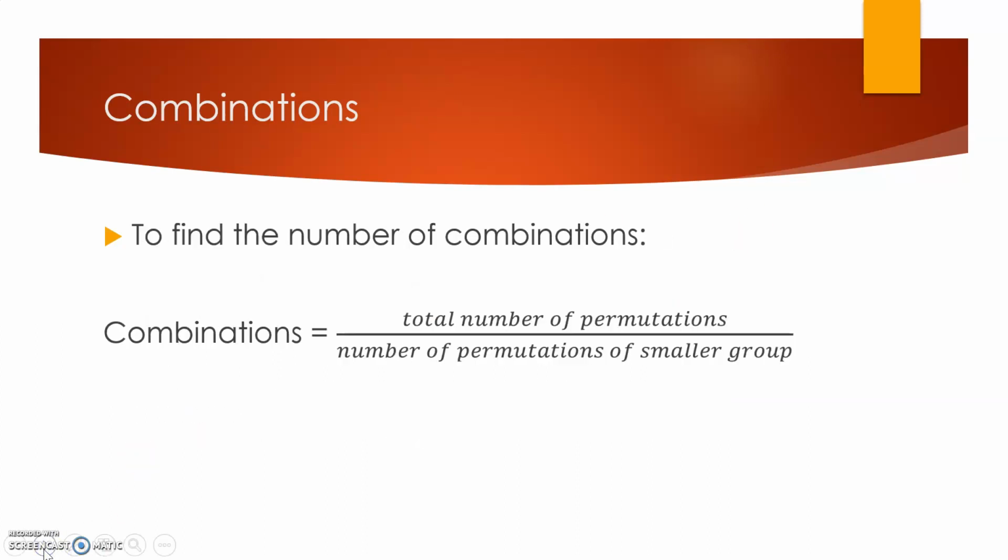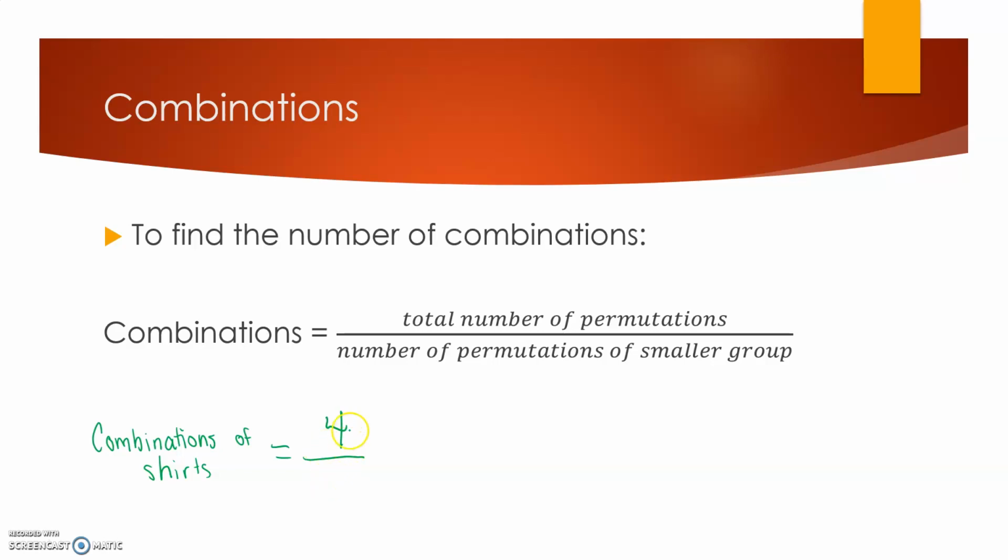So to find the number of combinations, we need to take the total number of permutations over the number of permutations of the smaller group. So in our example, that would mean that to find combinations of shirts, it would be the total number of permutations over the number of permutations of the smaller group, or how many t-shirts we are taking with us.